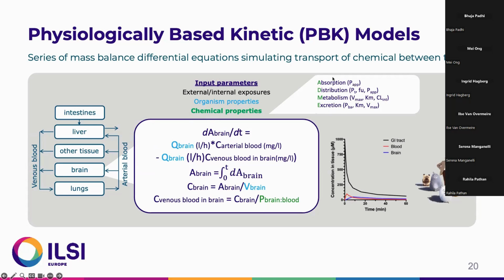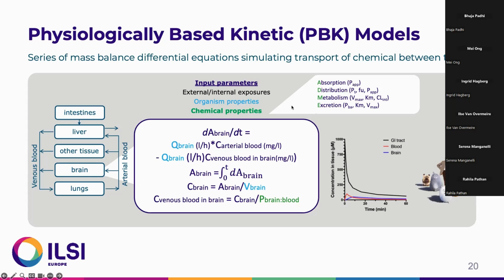I've listed the important ones that come into these PBPK models here. For absorption, you can use these partition coefficients, for example in the lung, but you can also use permeabilities, the permeability constant of a chemical across a certain barrier. You can use distribution parameters like these tissue blood partition coefficients I talked about, but also the unbound fraction in plasma, and again also permeabilities if that's the limiting step.